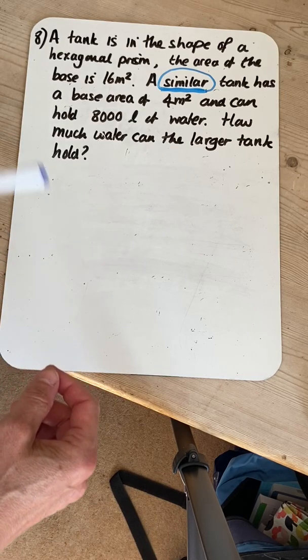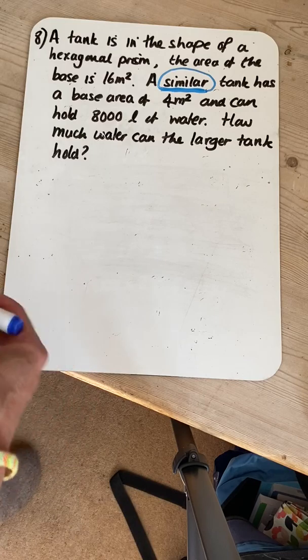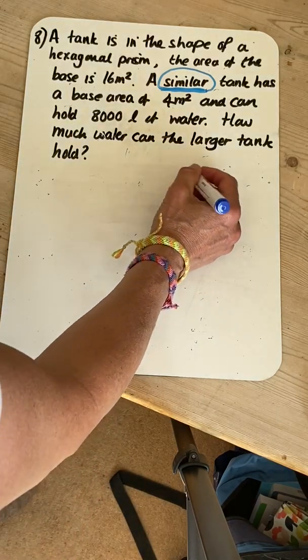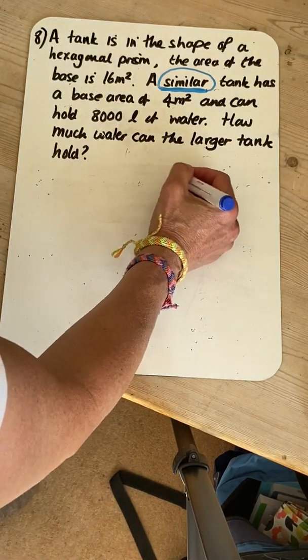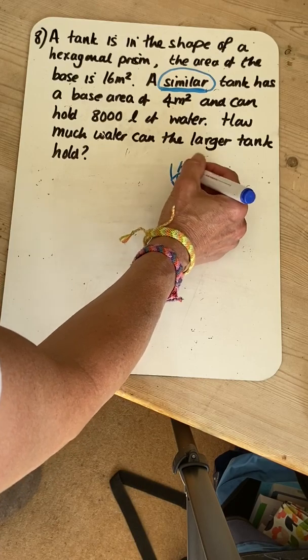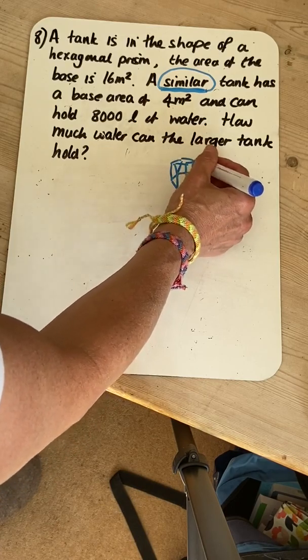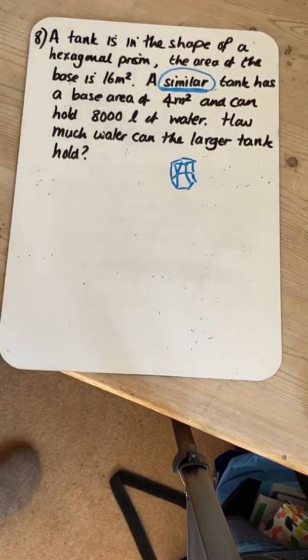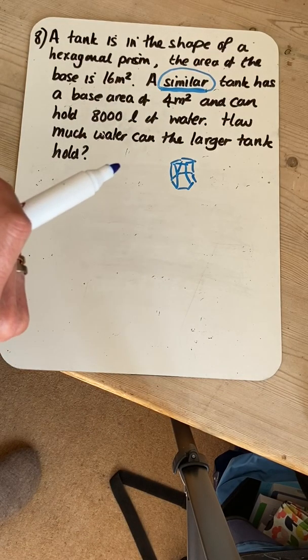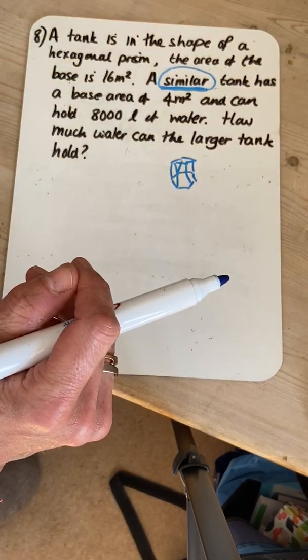Now, I usually tell people to draw a diagram at this point, but hexagonal based prisms are a bit difficult to draw. They would sort of look like this, and I'd make a complete hash of it. You don't really need to have anything like that here. You just need to think about areas and volumes, okay?